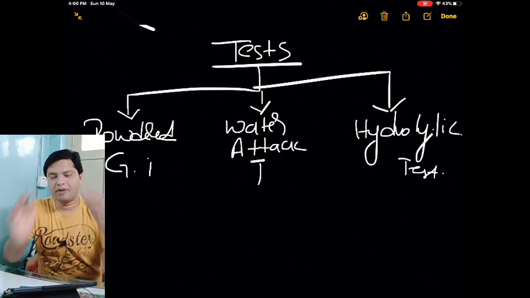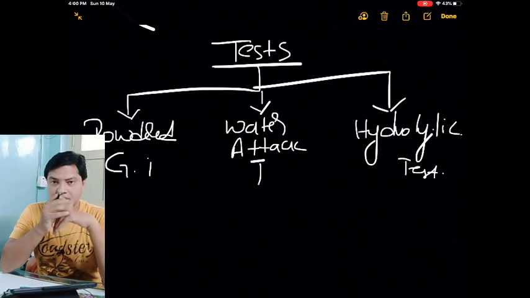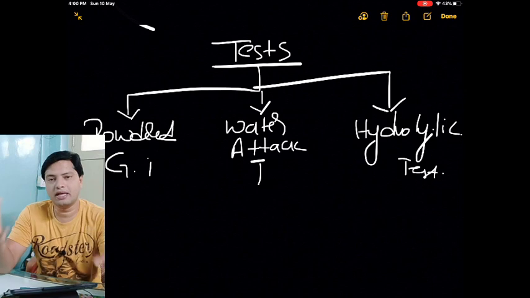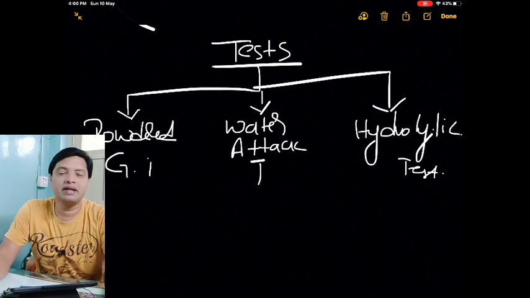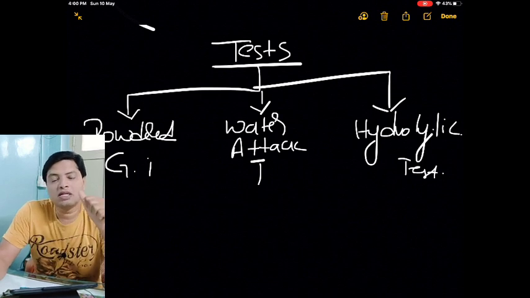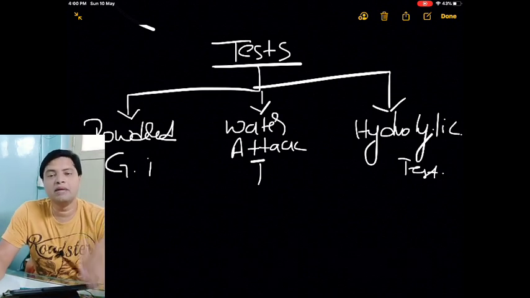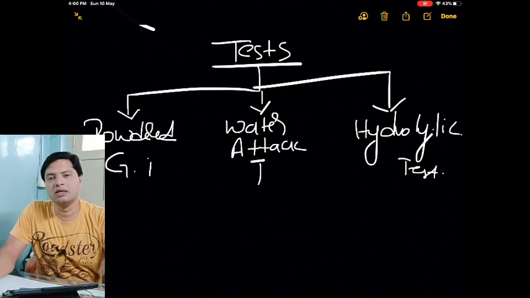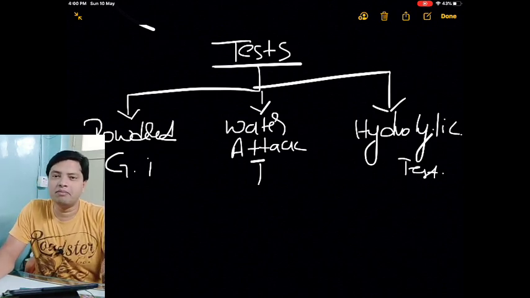See, the main reason for doing this test is, as I told you, we classify the glass depending on their reactivity, that is how much alkalinity they impart to the solution which has been kept in that. So we need to see what is the percentage of alkalinity being imparted to that solution.